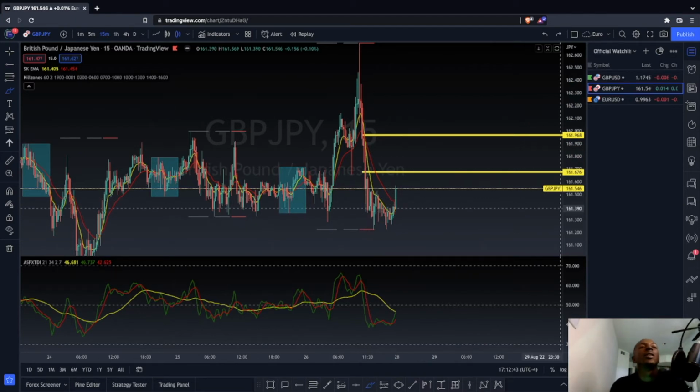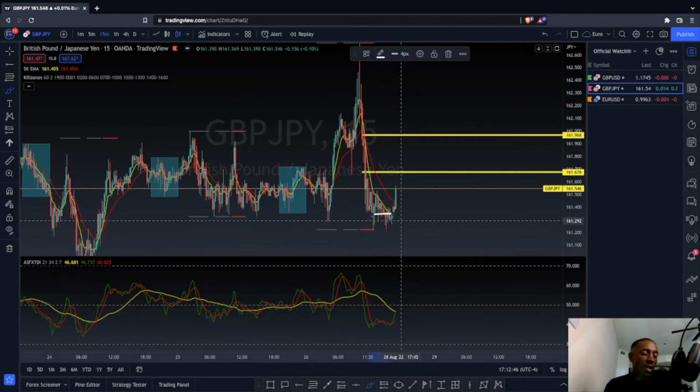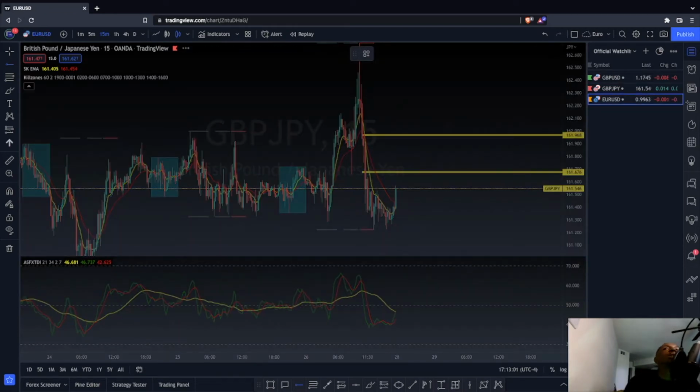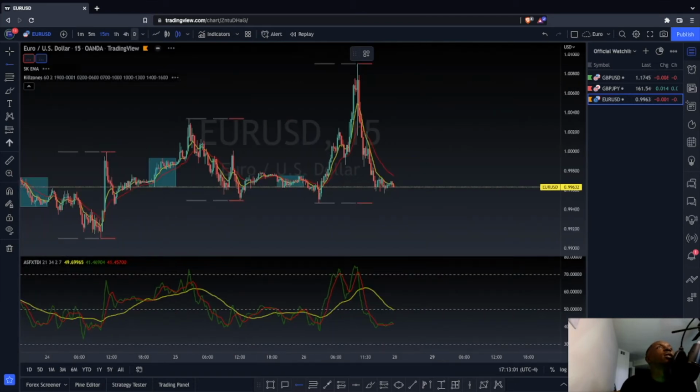The main thing when I get back into the market on Monday, and this goes for pound USD as well, is I would just look for us to have moved outside of the Asian session range.